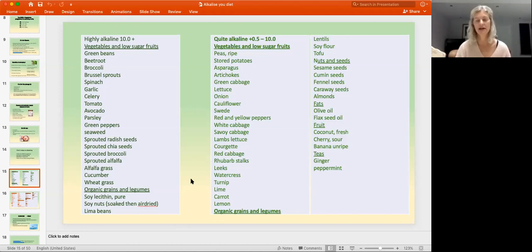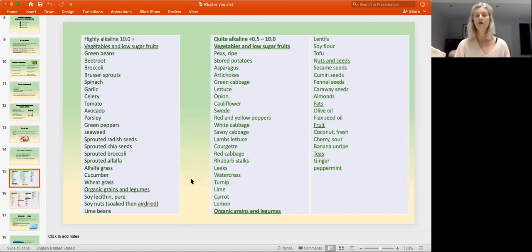So all those things, tofu, which is something I have once or twice a week, organic tofu, because I eat a mainly plant-based diet, which is something that I always try to encourage people to have at least one vegan meal a week or one vegan day, and then maybe just build it up. And then lots of the nuts and seeds, as you can see from the list, are in the quite alkaline.